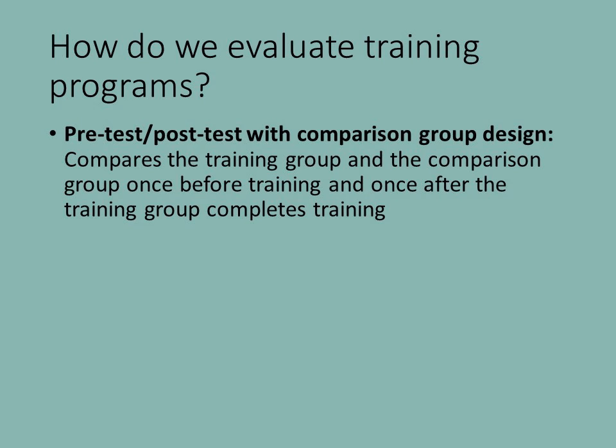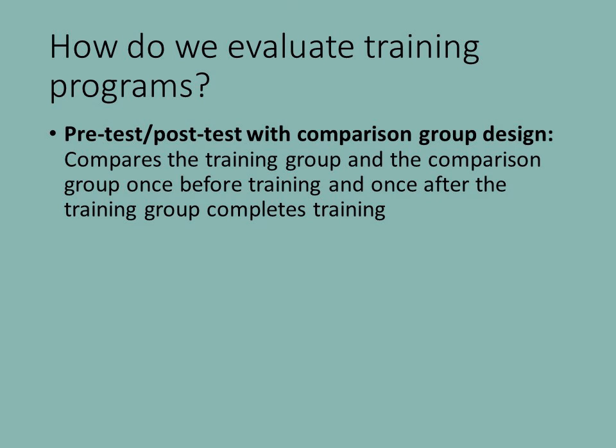We start by looking for changes between the training group's pre-training scores and post-training scores to determine whether change occurred for the training group. Then we compare the 2 groups' pre-training scores. If they're similar, and they should be if we used random assignment, we can move forward with our analysis. If they are different, we can't determine whether training was the cause of any post changes we identify.